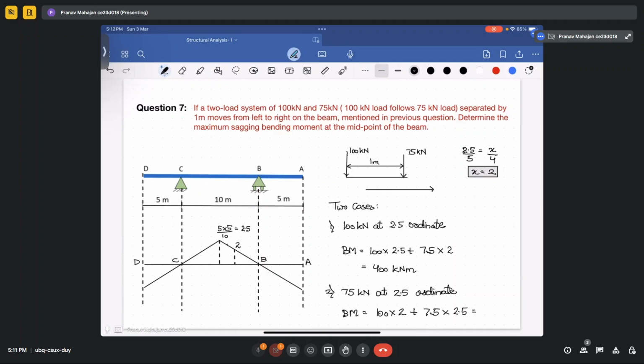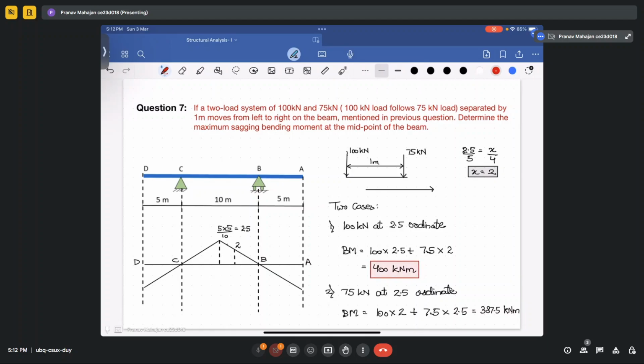In this case, you will get the value as 387.5 kilonewton meter. So out of them, the maximum bending moment is 400 kilonewton meter only.